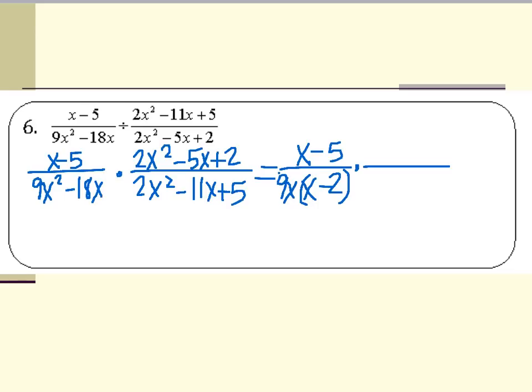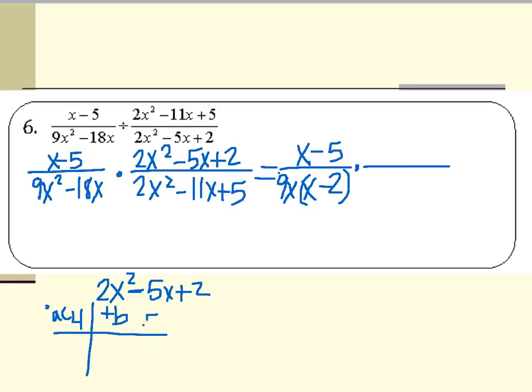So the top, I'm going to write this down here and give myself a little bit more room, 2x squared minus 5x plus 2. I'm going to do this because I see this first number is not a 1, so it might take just a little bit more to factor these. So I've got to think, what can I multiply to get my AC that's going to add up to my B? A times C is positive 4, and I need it to add up to negative 5.